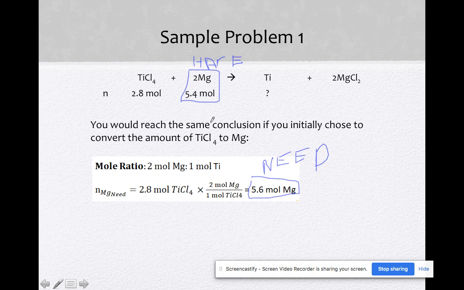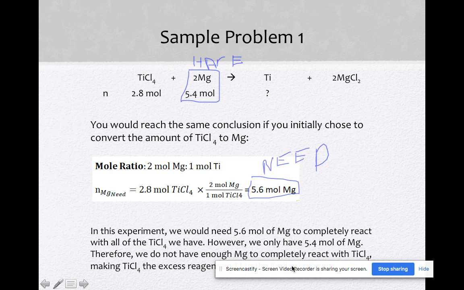What do you notice about the numbers? In this experiment, we do not have enough magnesium to fully react. Right? We would need 5.6 moles of magnesium to react with all of the titanium chloride that we have. But in this scenario, we only have 5.4 moles of magnesium, which means that magnesium is the limiting reagent. And we get to the same conclusion that we had when we tried it the original way.